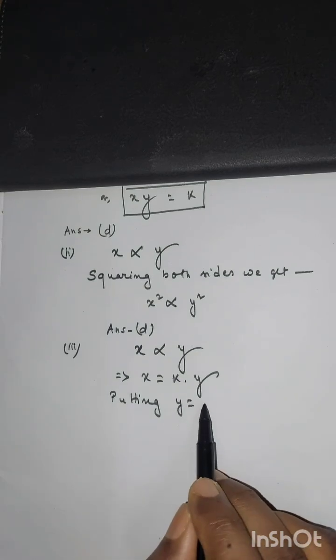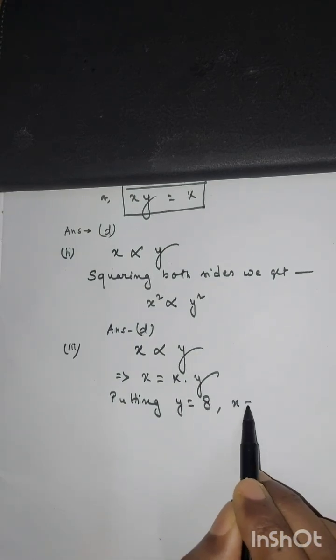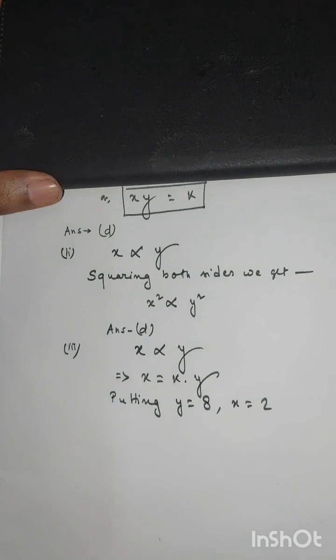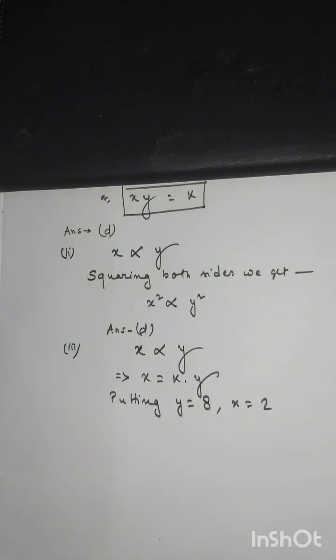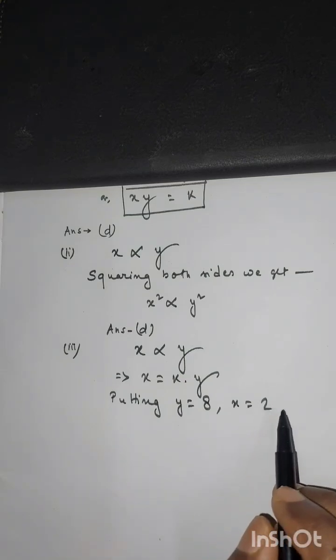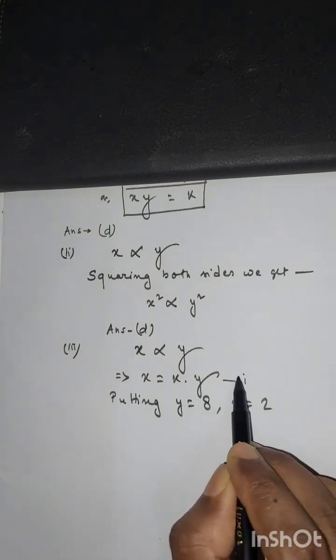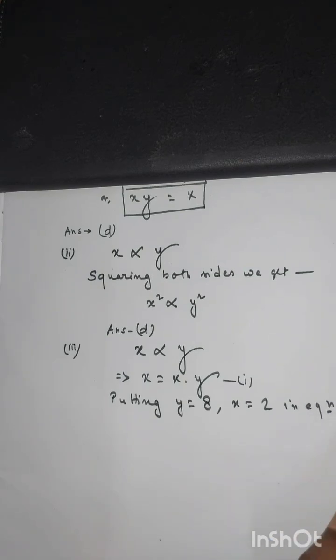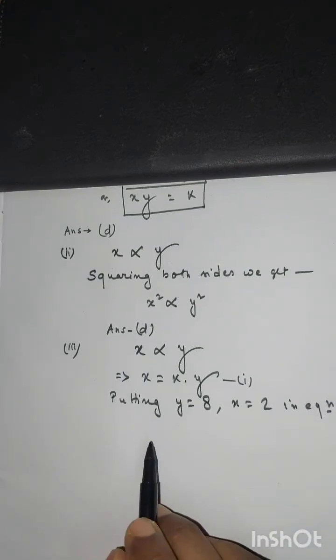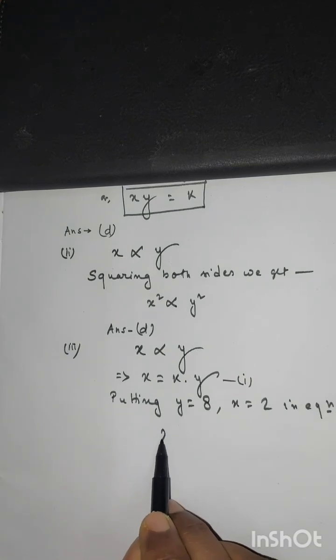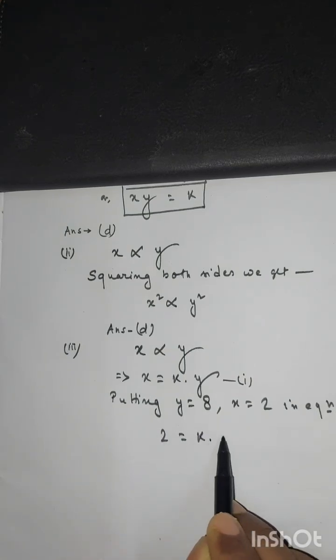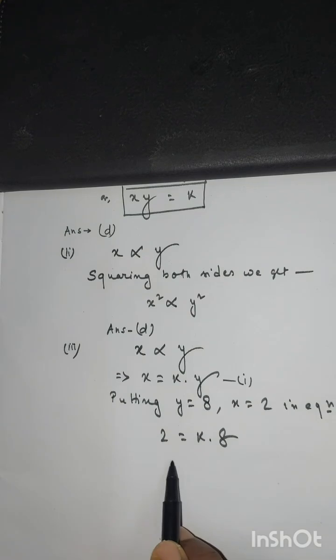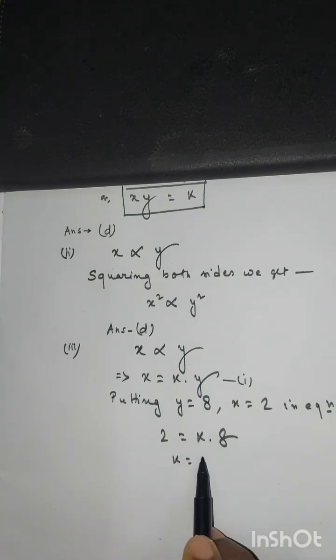Putting y equal to 8, x equal to 2 in equation 1, k equal to 1 by 4.